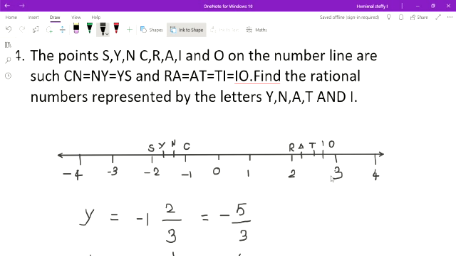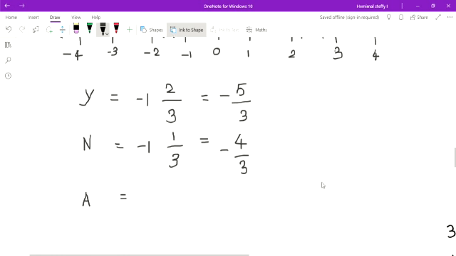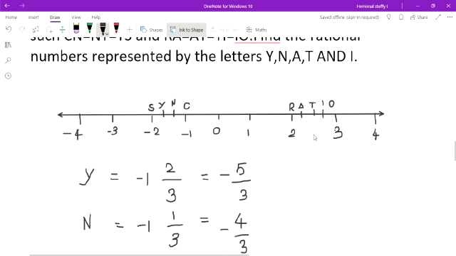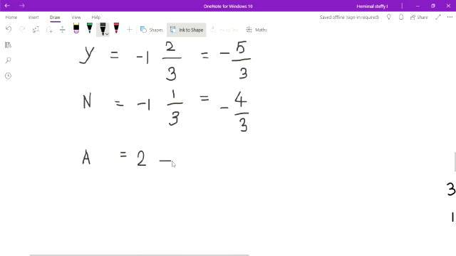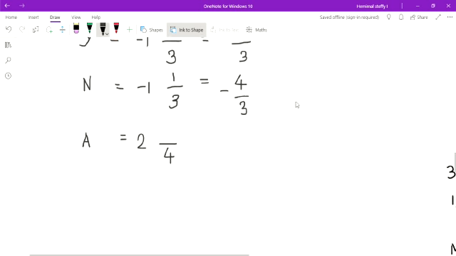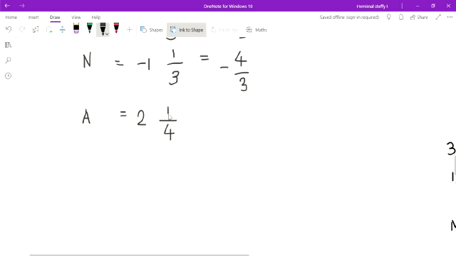Where is that 2 to 3? So whole number is equal to 2. How many parts are separated here? 1, 2, 3, 4. The total parts is 4. So we can write it in the denominator place. Numerator is where A is. First place it has. So it is equal to 1. Then the answer: 2 4s are 8. 8 plus 1, 9. 9 by 4. Is it clear? 9 by 4.